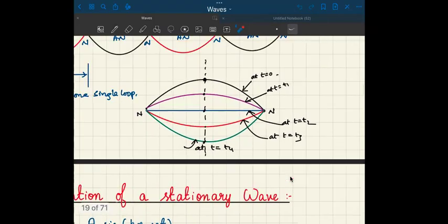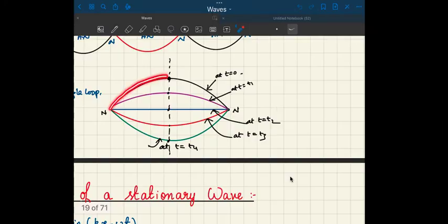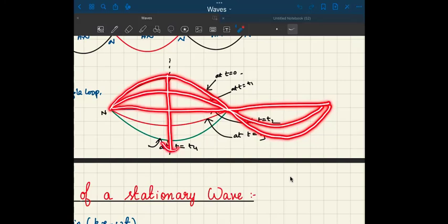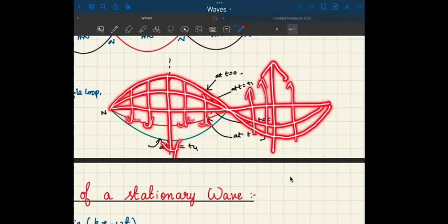Remember, for example, at this instant you see the string like this. The next adjacent portion of the string will be like this. At the next instant, the string is like this, and the adjacent portion will be like this. Which means if this is moving down, this will move up. Not only that, every particle in this loop moves downwards while every particle in the adjacent loop moves upwards.